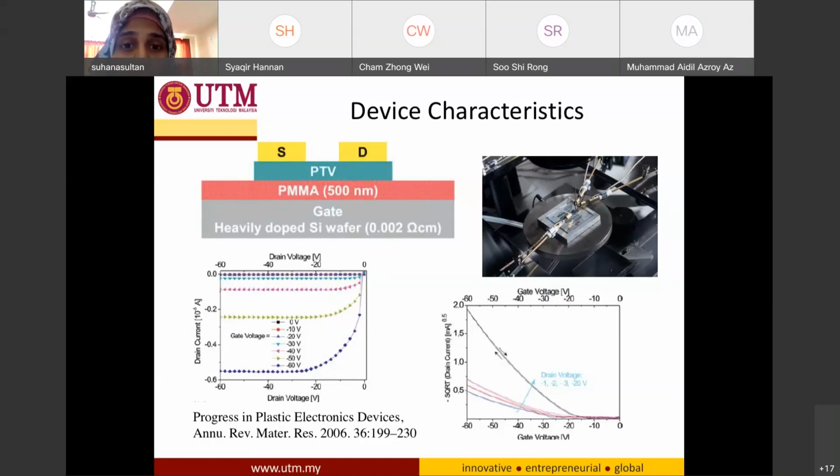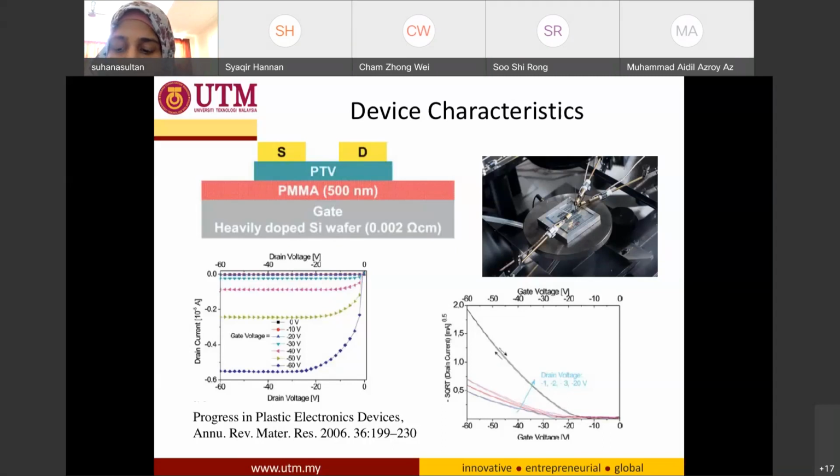Compared to graphene, where you can't just switch it off. Even though you can achieve a very high mobility, the basic element of switching is lacking for graphene-based devices. So that's why they need to engineer the graphene into nano ribbon. There are so many other approaches that they have used.